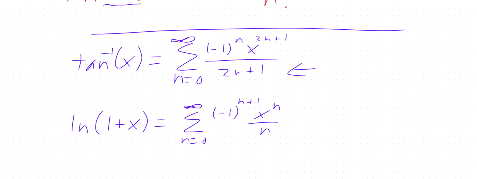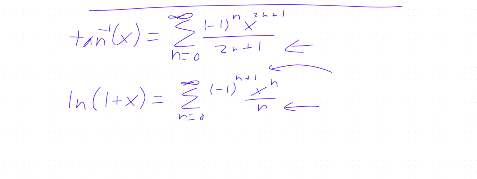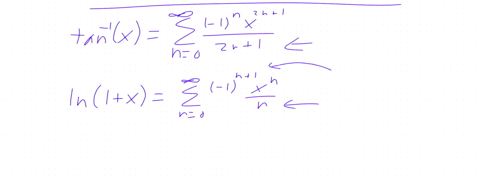So again, this differs from our exponential in that we now have this alternating part and the bottom is not a factorial. And then we just did our binomial.